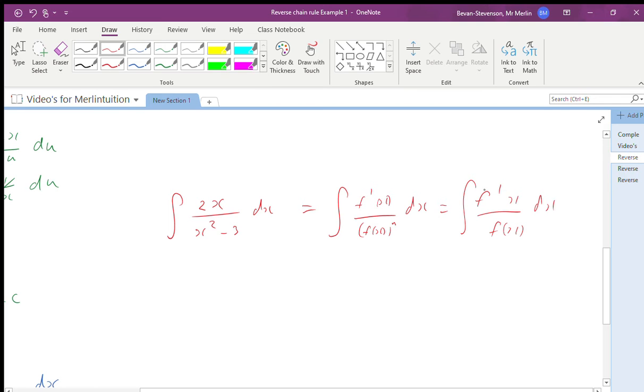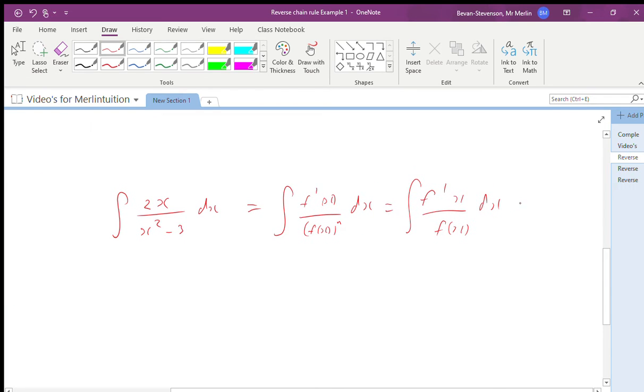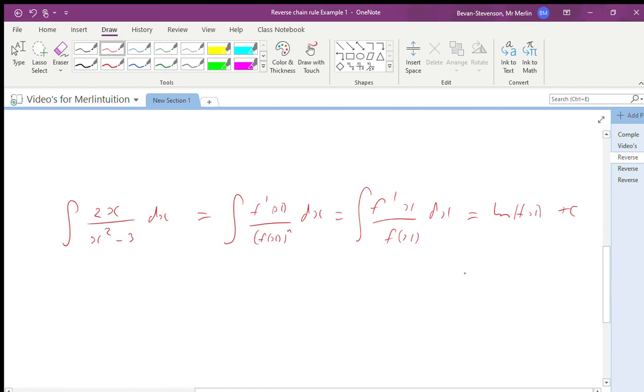And whenever it's in that form, it becomes ln of f of x plus c, or in other words, it becomes ln of x squared minus 3 plus c.